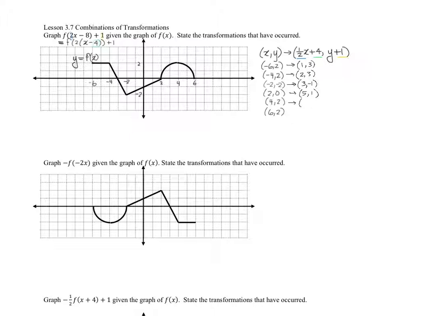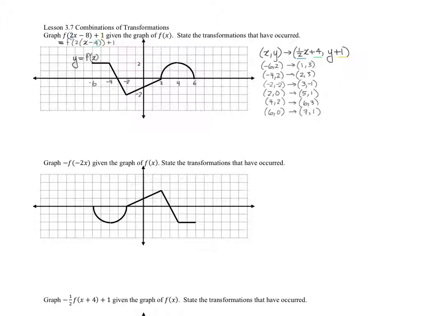We have 4, 2 is going to become 6, 3. And then we have 6, 2 is going to become 7, 3. Okay. Oh, sorry, I think I made a mistake for this last point. Let me just correct that here. So this should be 6, 0, and that should be 7, 1. That makes more sense.